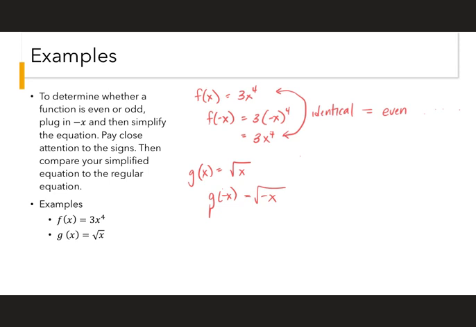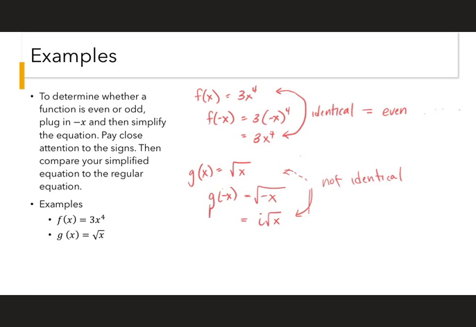Now, that's not the same thing, right? Because we know a square root of a negative number gives me an i value. So this is i times the square root of x. Okay, so these are not exactly identical, which means they're not even.